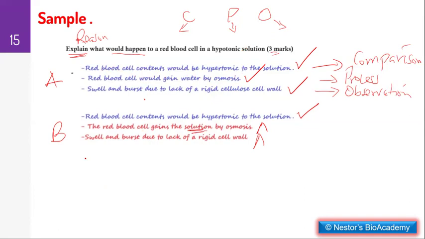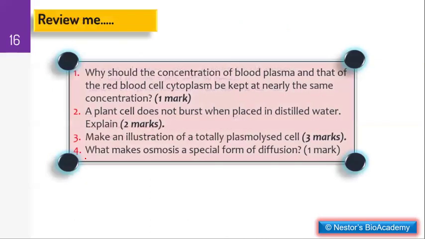That means I can also say John is shorter than Tom. So either way, the aspect of comparison needs to come out effectively. And again, you must always desist from saying the red blood cell would gain the solution or would lose the solution, because that will not be osmosis.